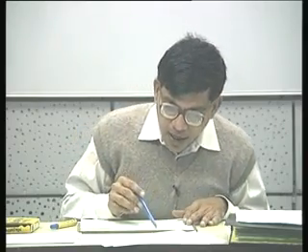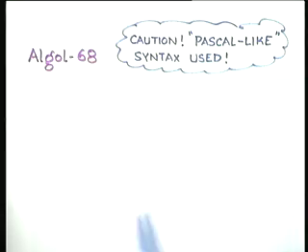The main design issues in Algol 68 were to not only specify... Algol 60 was the first language which used a BNF notation to specify syntax, the context free syntax, and the idea in Algol 68 was not only should you specify context free syntax, you should also specify context sensitive syntax.